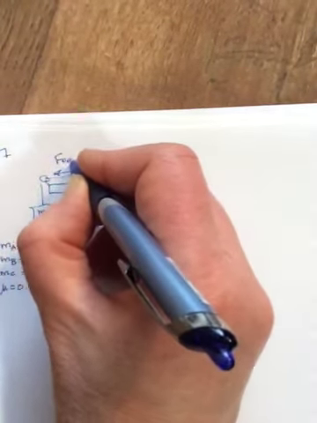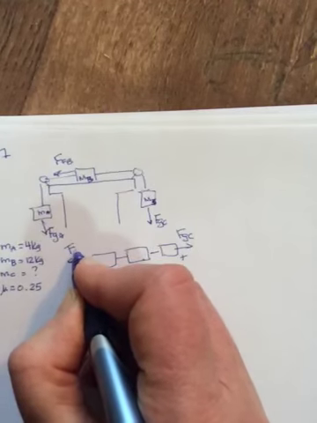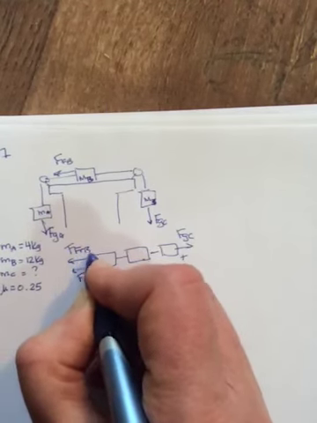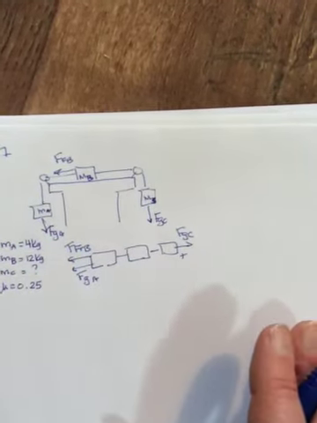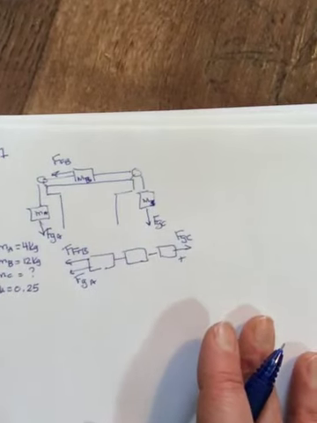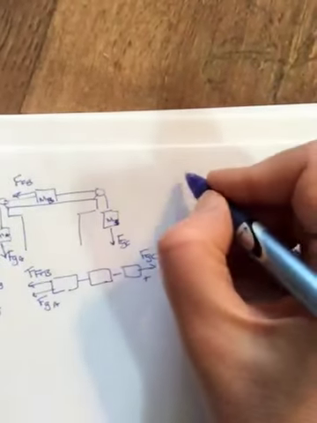Okay, so if we were to draw it in a straight line, pulling this way will be FGC and it will be positive, and pulling backward will be FGA and FFR on B. So what is the mass of C?